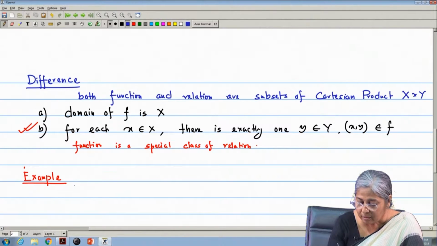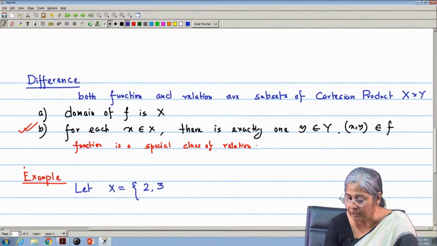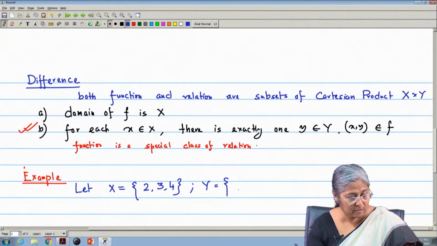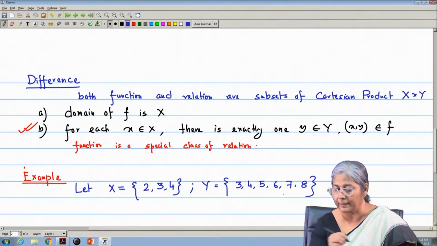Let two sets be considered: X is 2, 3 and 4, these 3 elements, and Y has the elements 3, 4, 5, 6, 7, 8.